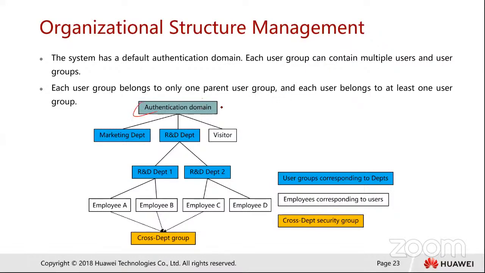Just like you see, you have your authentication domain, a marketing department, and visitors. Under the marketing department, you can also have subgroups, and under the R&D department, you can have department 1 and department 2. But you can also have cross-department security groups with user groups from different departments. And we have already looked at that.